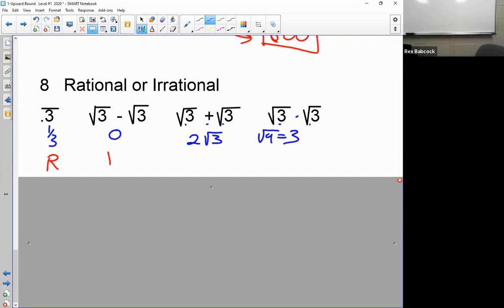Rational number, rational number, rational number, irrational number. All the red ones there that are rational, I can write those as a fraction. 0 is 0 over 1. 3 is 3 over 1. So they end up to be rational numbers as well. 2 square root of 3, rather, I don't know exactly what it is.